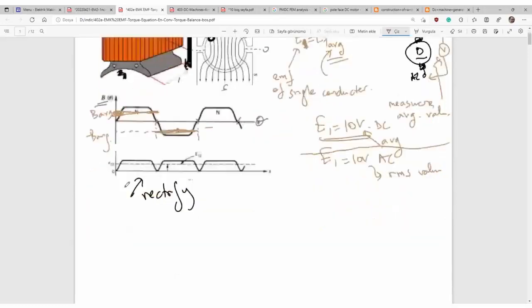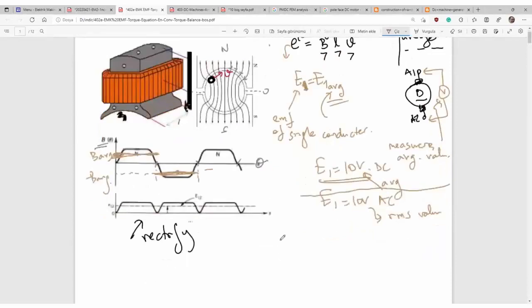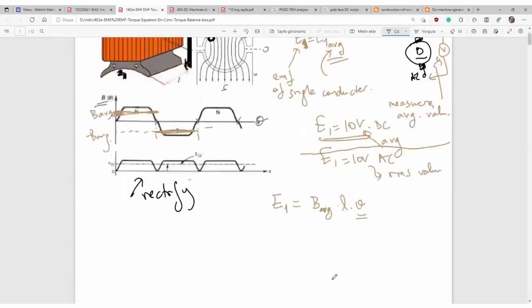I don't know, but let's define. The EMF induced in one conductor in average value will be equal to B average times L times velocity. Velocity, not voltage. What is the B average?